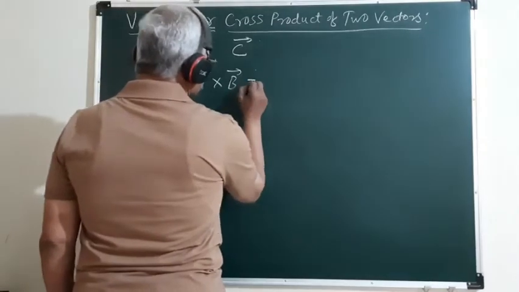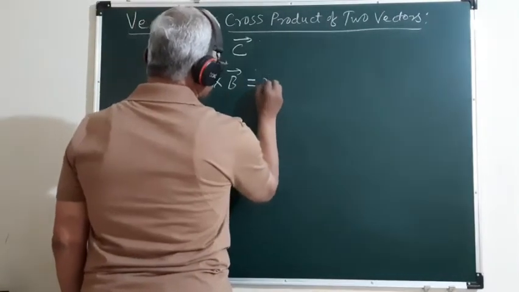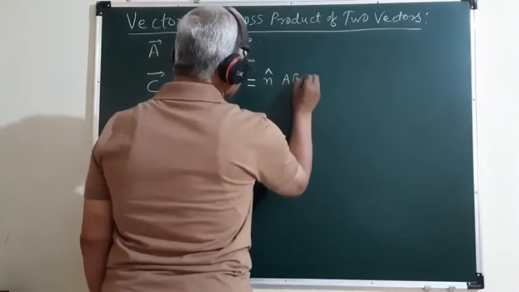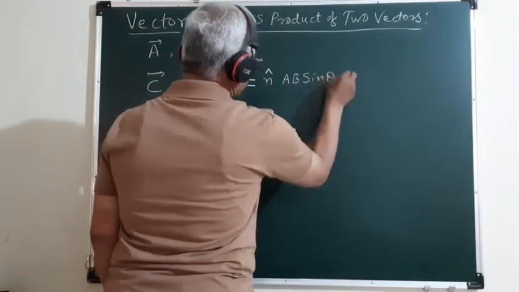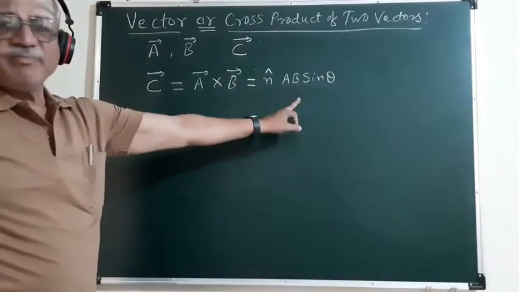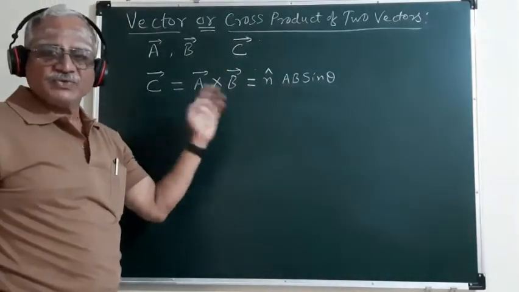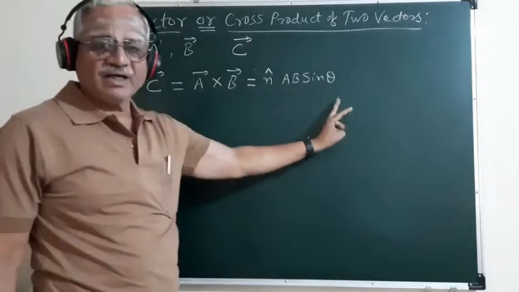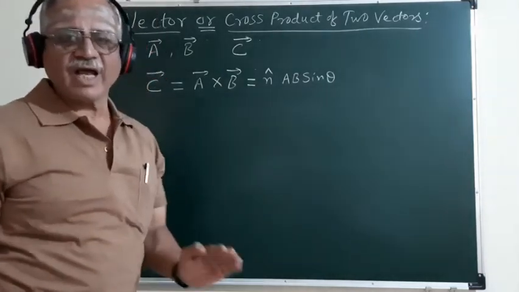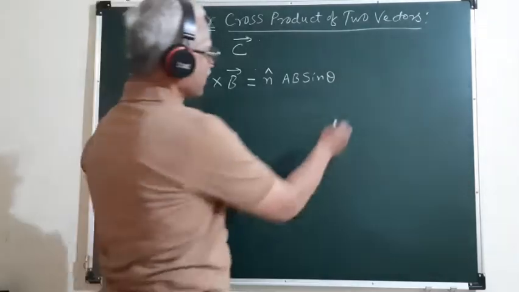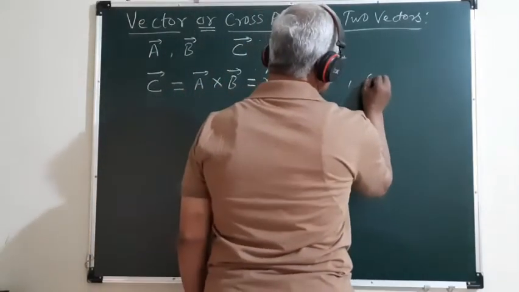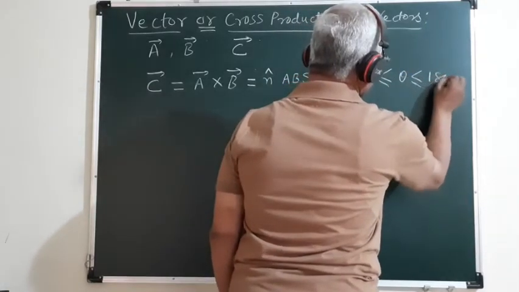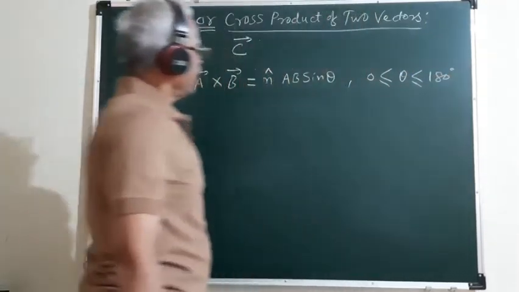And this is again expressed as n cap into AB sine theta, where A and B are the magnitudes of the two given vectors A bar and B bar, and theta is the smaller angle between the two given vectors, so that we can write 0 is less than or equal to theta is less than or equal to 180 degrees.